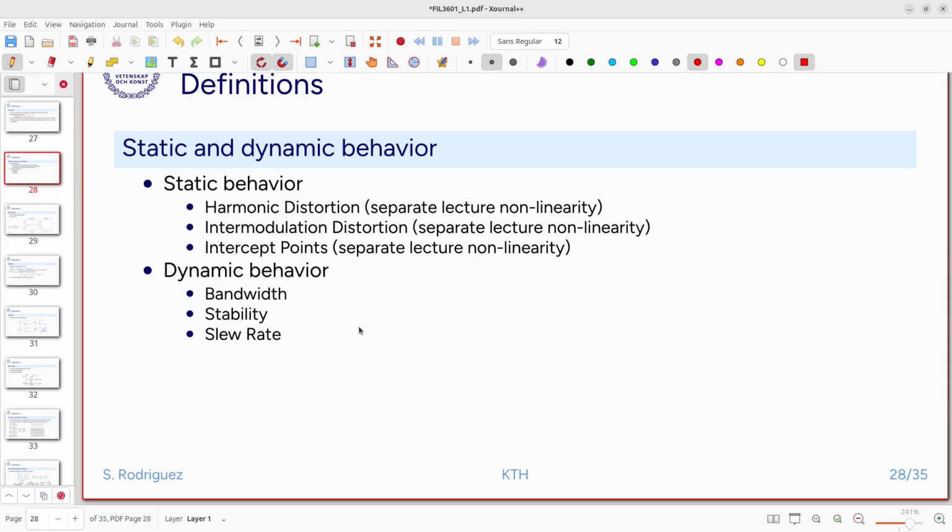The static behavior we will deal with in a separate lecture. It will basically consider how to deal with the low frequency nonlinearities that always appear because of the nonlinearity of the active devices.